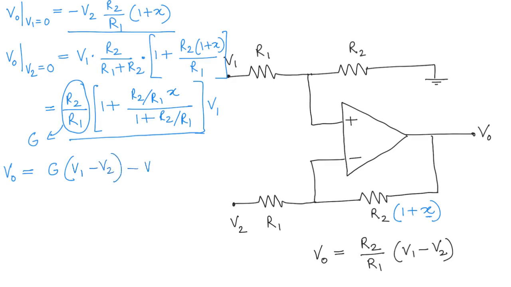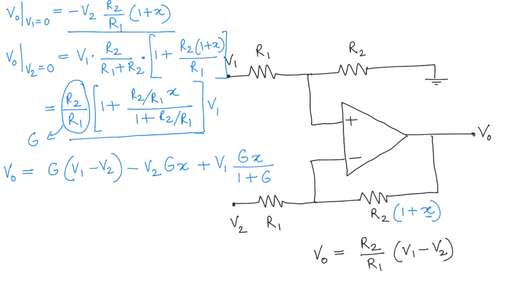minus V2 G X plus V1 G X by (1 plus G). So you can see that we are not just getting a difference of the two signals, but we are also getting these extra terms here, which distort our output.